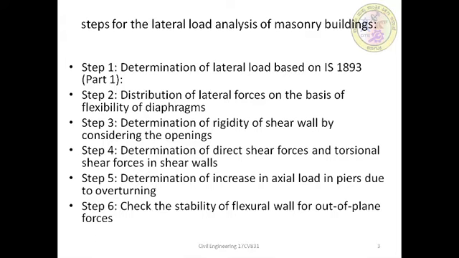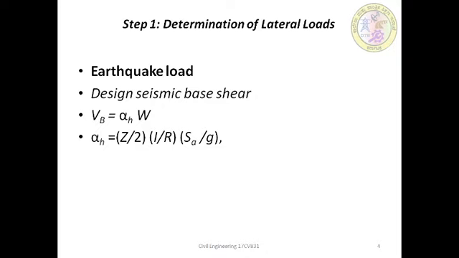Then step 4 is determination of direct shear force and the torsional shear forces in the shear walls, step 5 is determination of increase in the axial load in the piers due to overturning, and step 6 is to check the stability of flexure walls for out of plane loading. So now let us go into detail about how these lateral loads are to be determined.